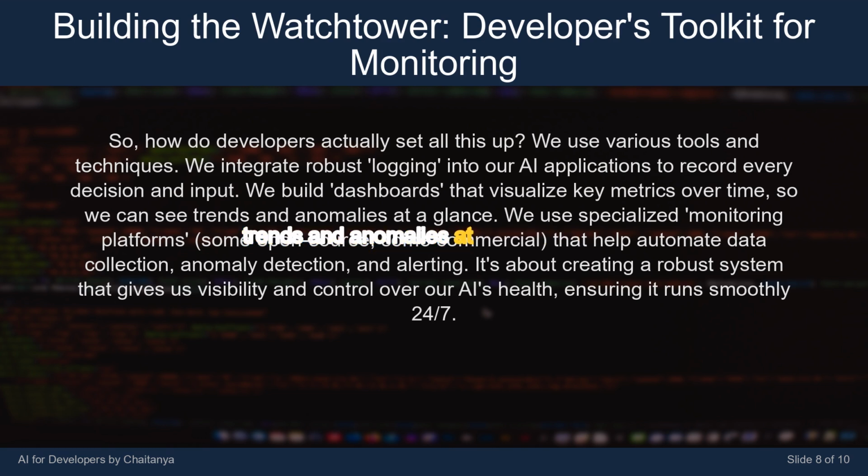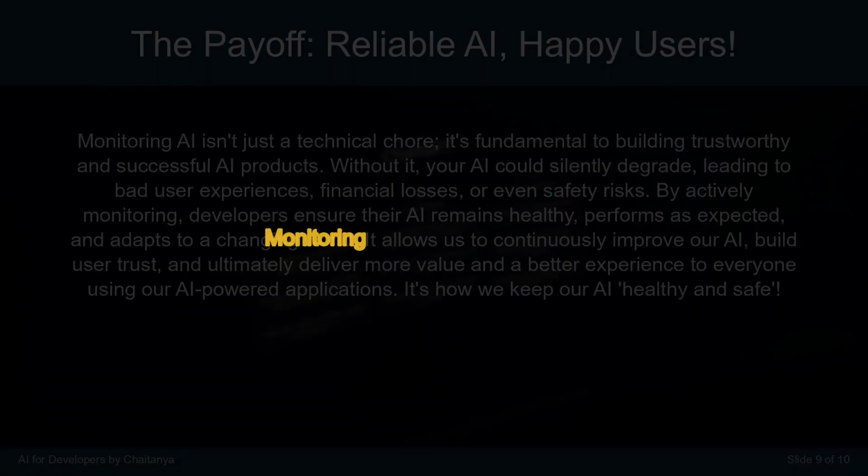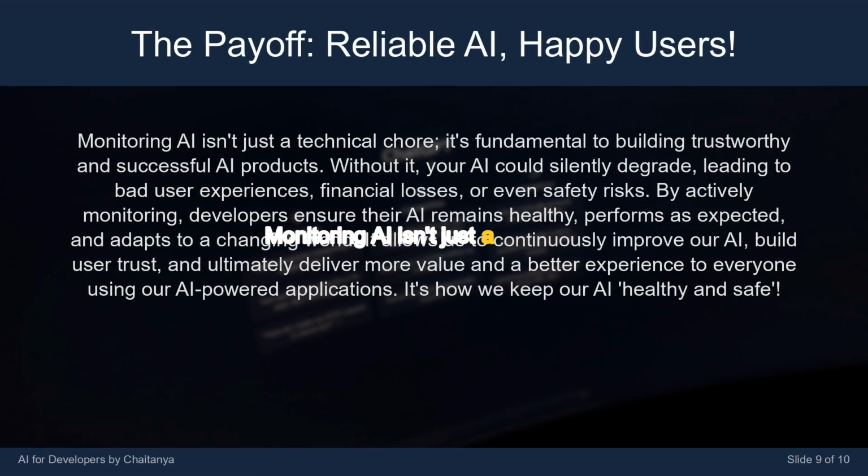We use specialized monitoring platforms, some open source, some commercial, that help automate data collection, anomaly detection, and alerting. It's about creating a robust system that gives us visibility and control over our AI's health, ensuring it runs smoothly 24/7.